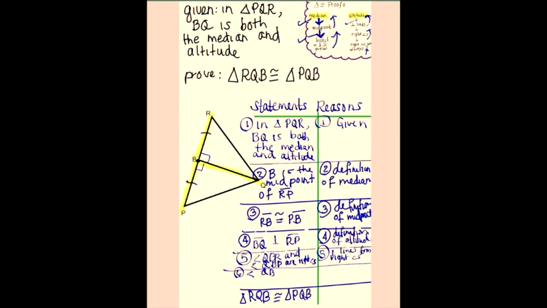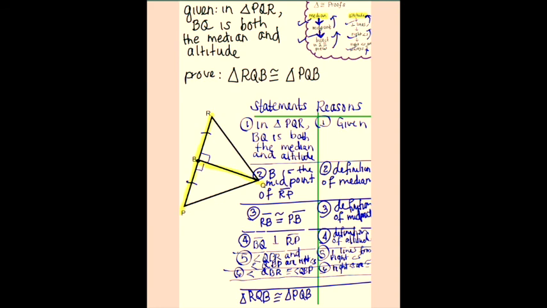Angle QBR is congruent to angle QBP. And I can say that because right angles are congruent. So I used all the statements now that I could use for both median and altitude.